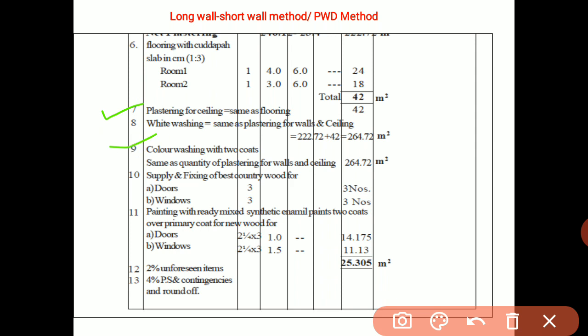On whatever surface we are going to do plastering, on that same surface we will add the coat of whitewashing or lime. Whitewashing means coat of lime, for walls and ceiling. And then color washing, 2 coats. This quantity is the same as plastering for walls and ceiling.